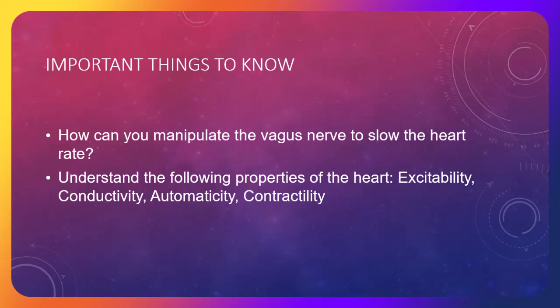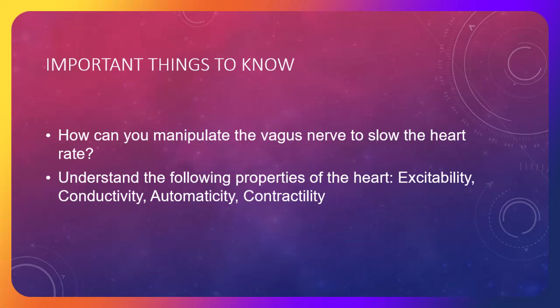Nothing happens until a domino gets tipped over. Ideally, it's the first domino. The energy from that domino is passed on to the second one, and it does the exact same thing until the whole gamut has been run. The same thing happens in the heart. When the SA node fires, it shares that electrical impulse with the cells that are around it. They share with the cells that are around them. So the ability for a cell to accept and to pass on that impulse is called excitability.